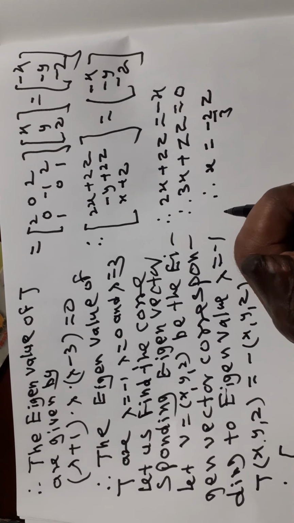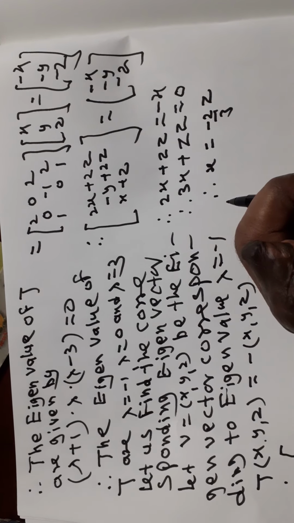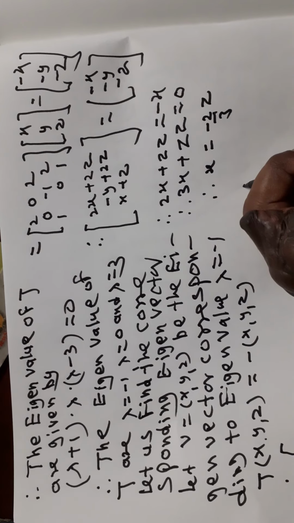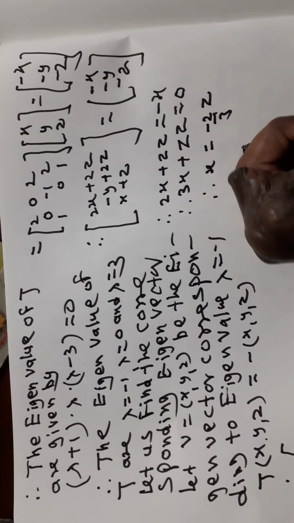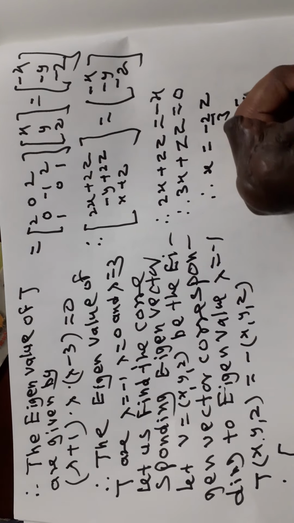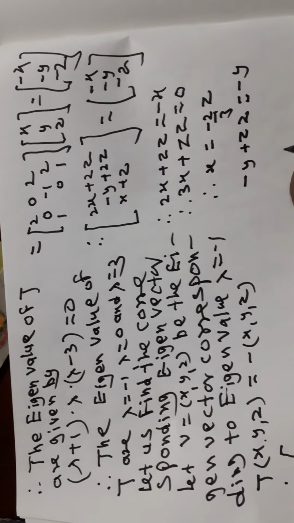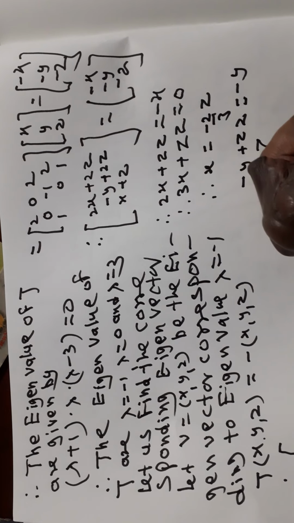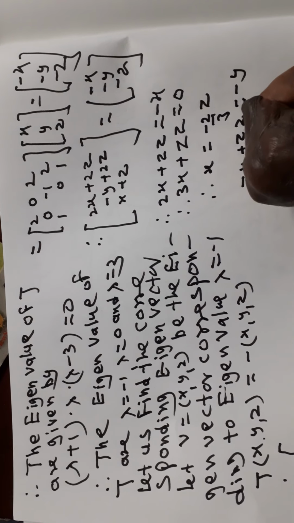Now, second equation: minus y plus 2z is equal to minus y. Therefore, z is equal to 0.